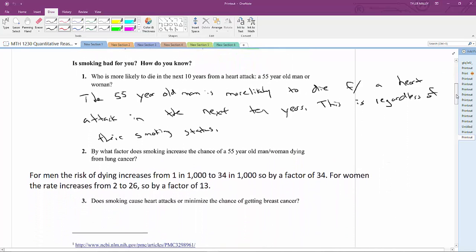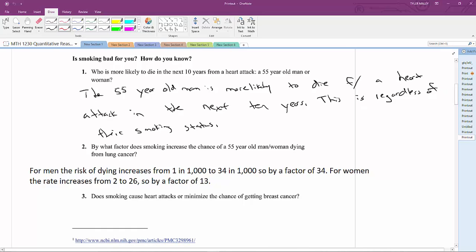So the correct thing to say here is something like this table is observational and does not indicate causation. So we don't know if there are other factors going on.